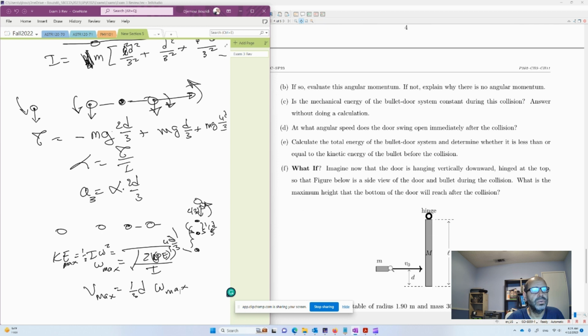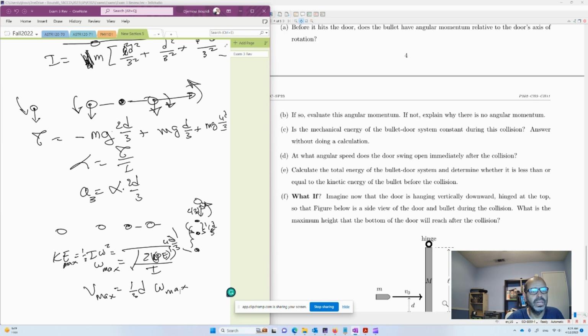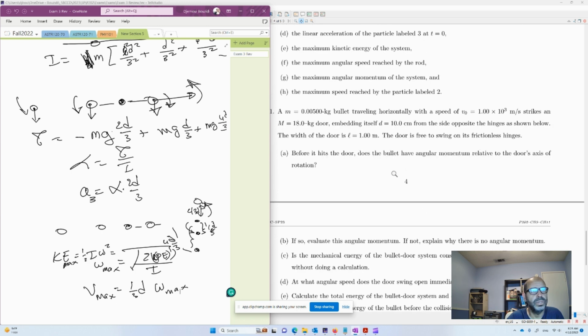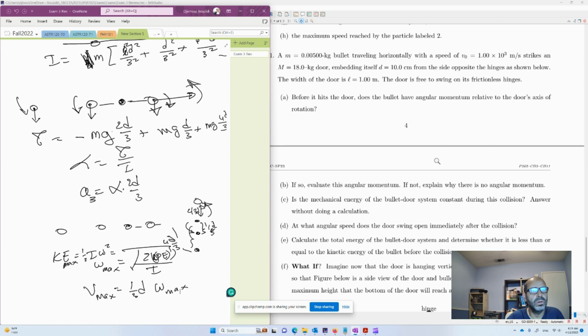So we have v naught, we have the mass of the bullet, we have the mass of the door, we have this distance, and we have the width of the door, basically, as it's open, which is 1 meter. And before it hits the door, does the bullet have angular momentum?